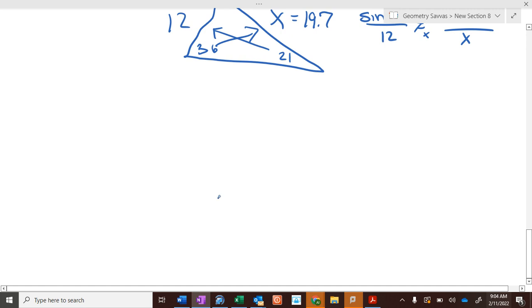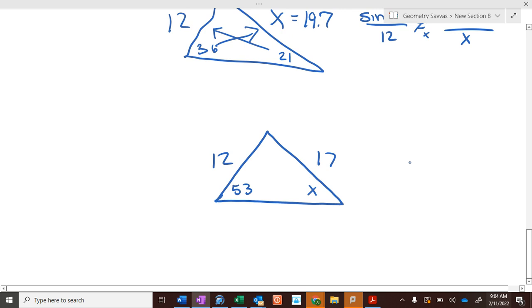All right, so okay. So how do we use the law of sines to write this out?